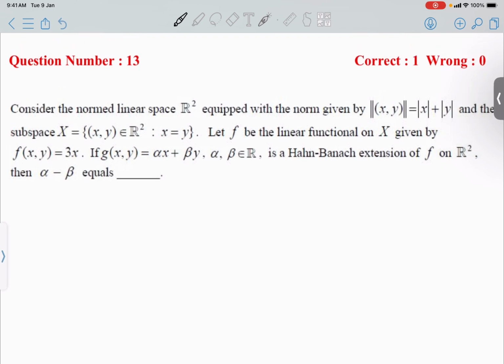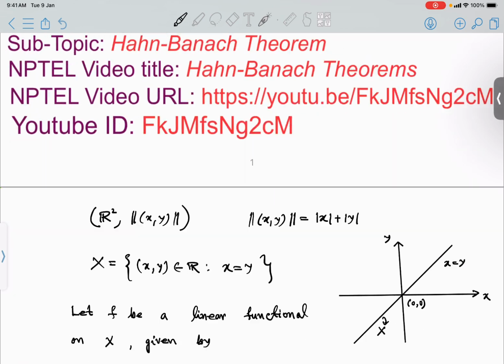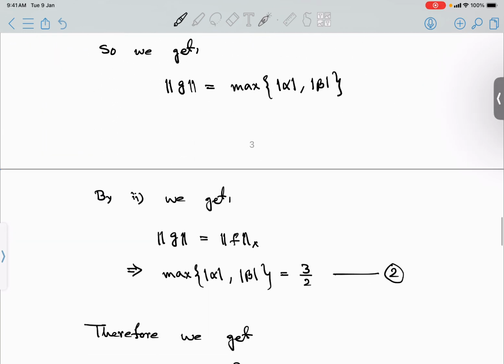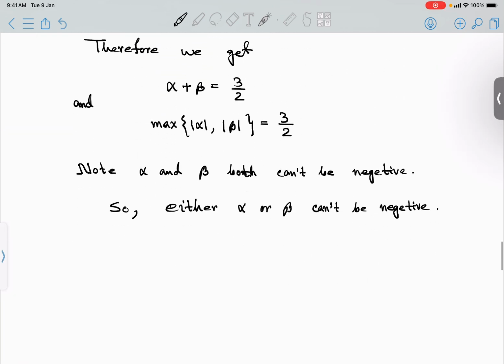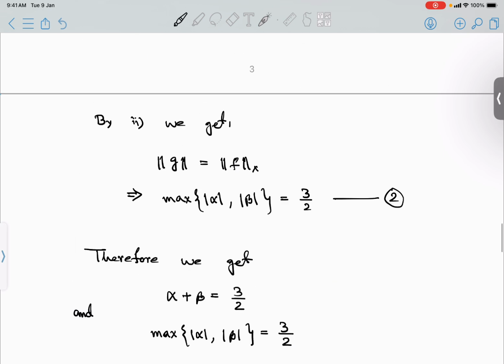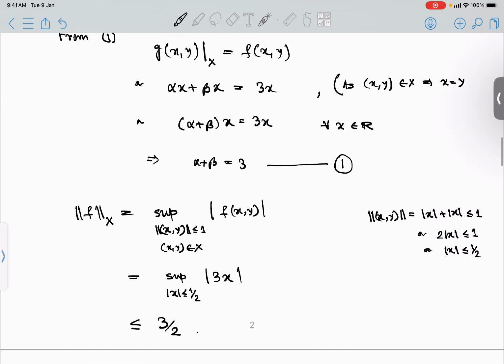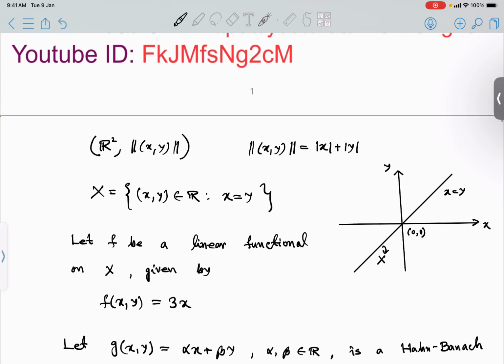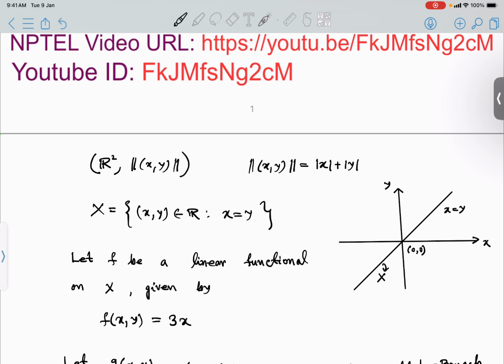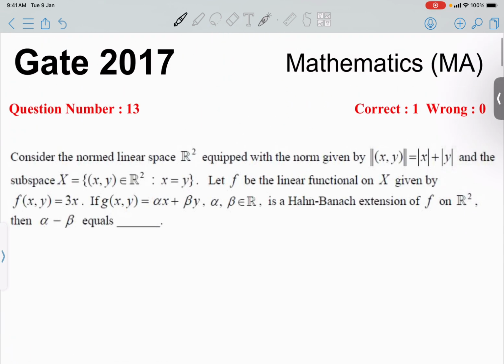That means if one is 0, then the extension is not a non-trivial extension.